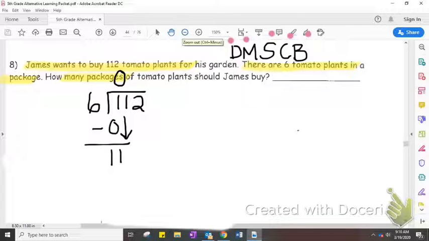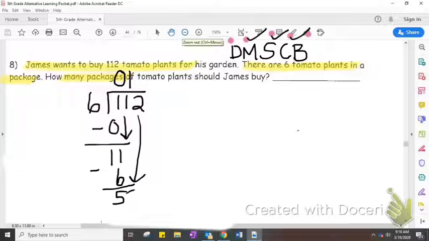Okay, now I'm going to do 11 divided by 6. 6 goes into 11 only 1 time. Multiply. 1 times 6 is 6. Subtract. Left with 5. Check. 5 is less than the divisor, so I can bring down a 2.